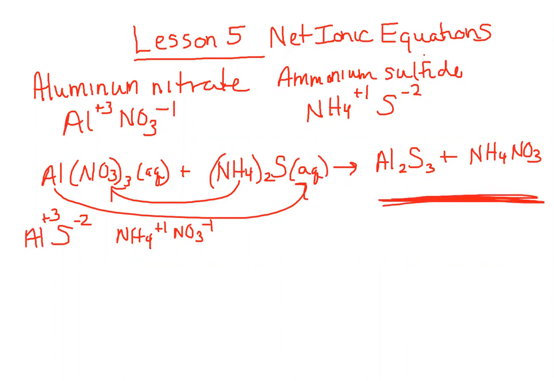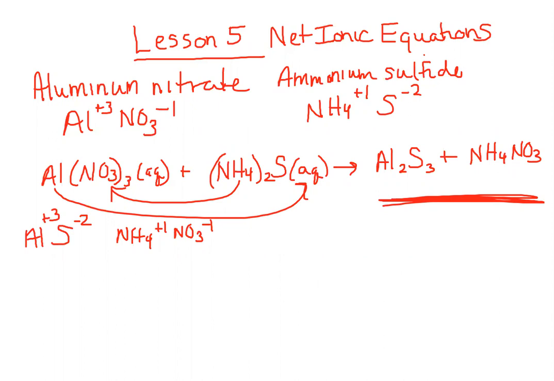Now we have to decide on this side of the equation over here, which one of these is still an aqueous solution and which one is the one that is a solid. We have to decide. So this is where that reference sheet is going to come in. You're going to look on your reference sheet and it has ions that form soluble compounds and ions that form insoluble compounds. And if you look on here, sulfur is insoluble except when it forms with group 1 ions or ammonium.